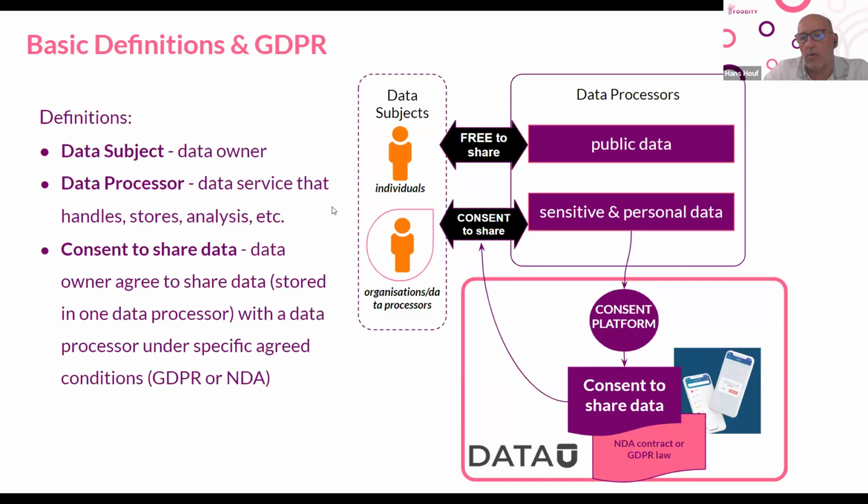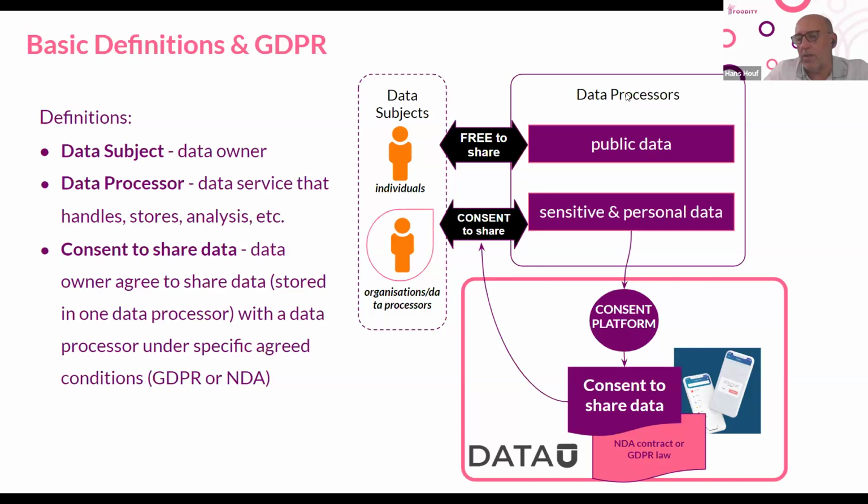But how does that work in a real situation? If you look at the picture, we have data subjects, individuals, but sometimes data subjects can also be companies who own data. When this data is fully public and has nothing to do with a person, it is absolutely free to share in every way you want.